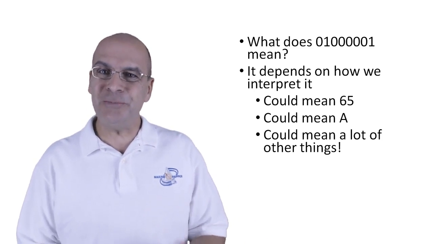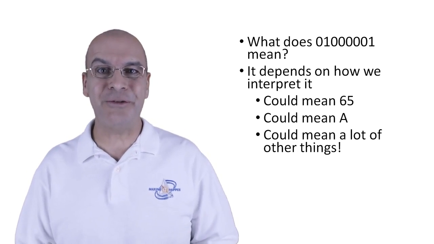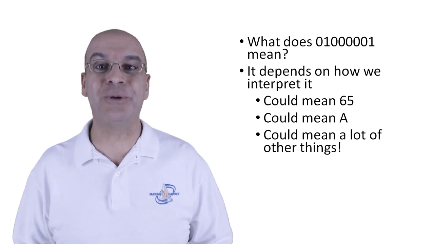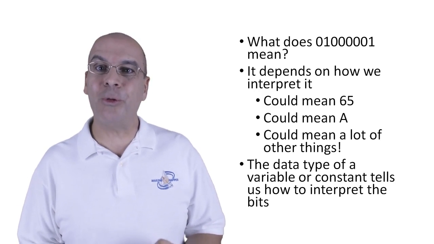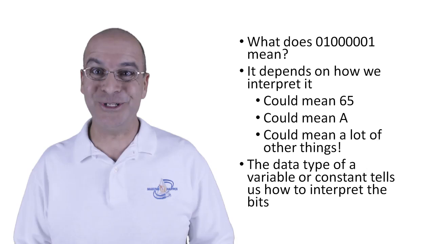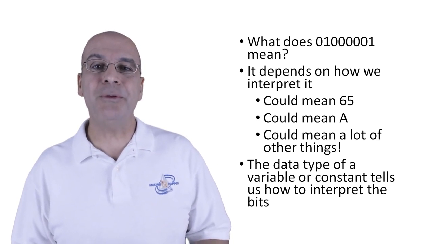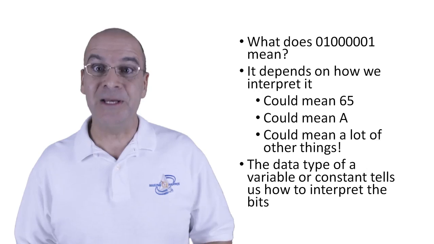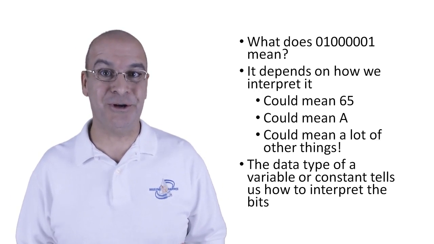So just because we can represent things with ones and zeros, that doesn't totally solve our problem. We need to know how to interpret those ones and zeros. What do they actually mean? One of the core things that we get in our programming languages, including C#, is something called a data type. When we say these ones and zeros are a particular data type, that tells our compiler how to interpret those ones and zeros.